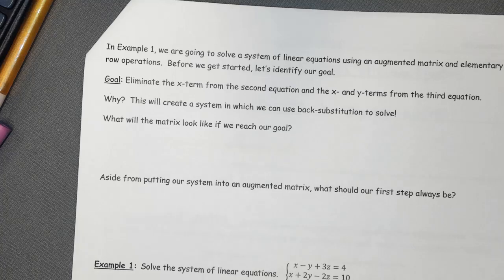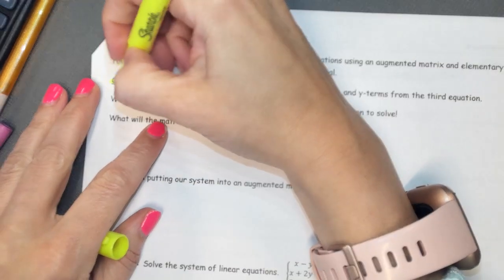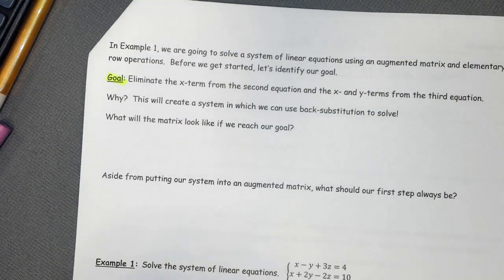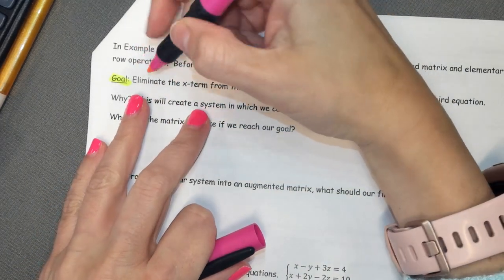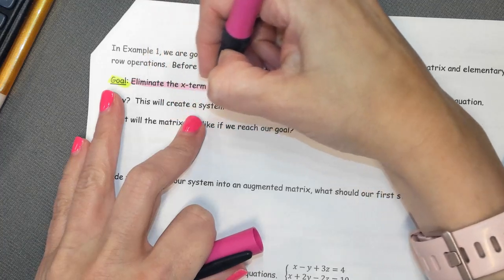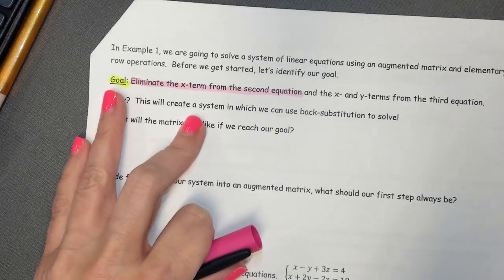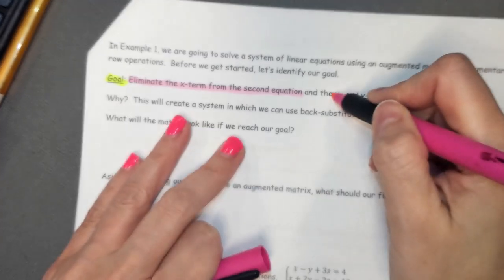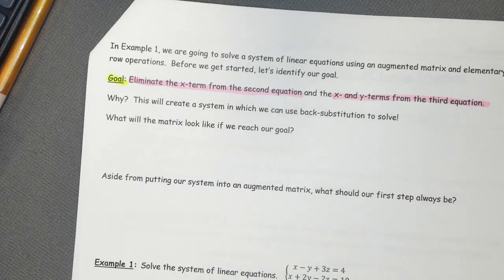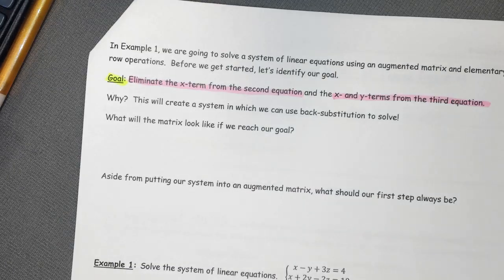So what we want to happen is we want to eliminate the x term from the second equation, okay? And we also want to eliminate the x and y terms from the third equation, okay?